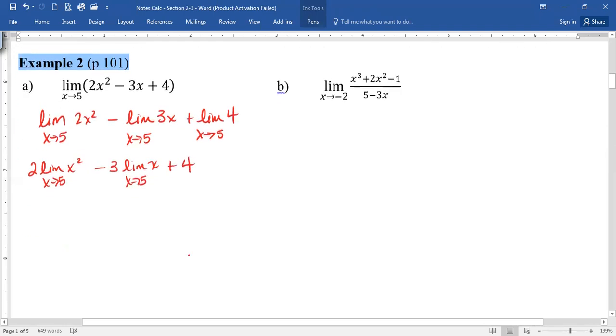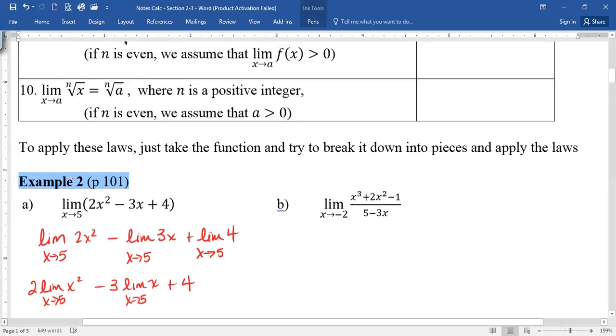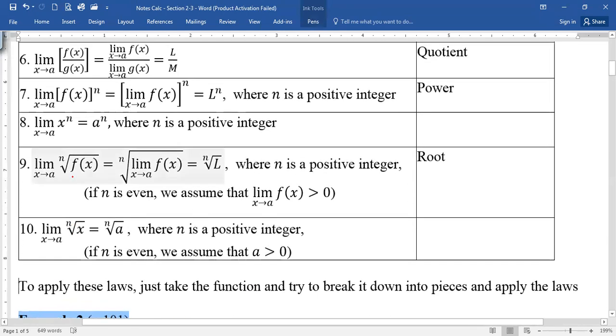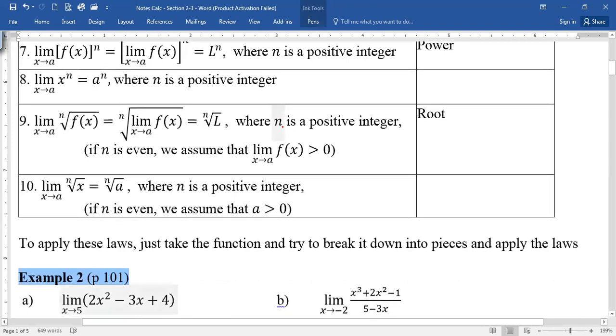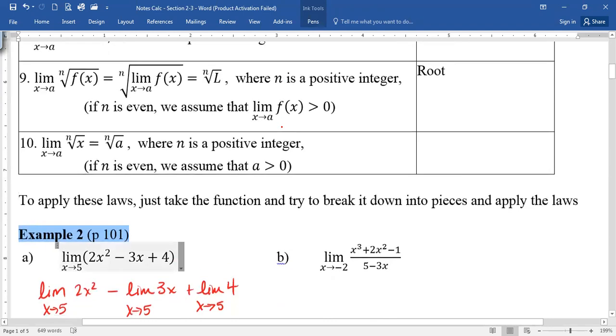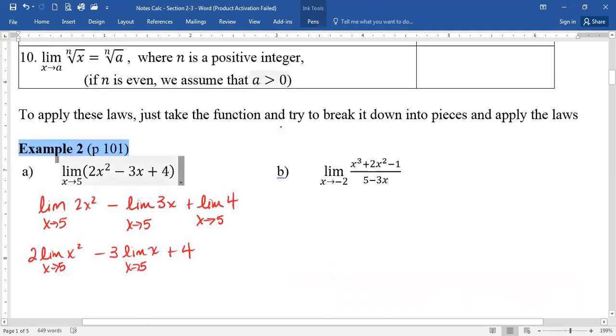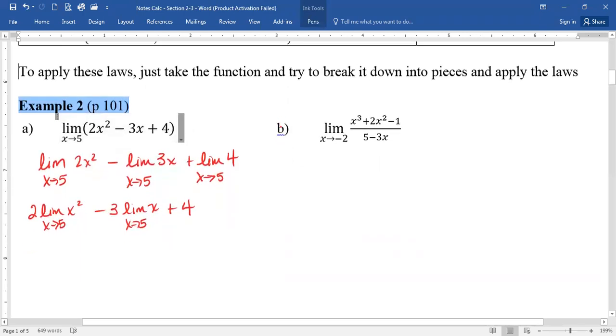Okay, so that's 4. Now, this one, the power, and again, there's 2 ways you can do this. You can think about the power coming out in front, but look back up here at number 8. The limit as x approaches a of x to the n, where n is a positive integer. Well, n is a positive integer, so the limit as x approaches 5 of x squared is just going to be 5 squared, right?